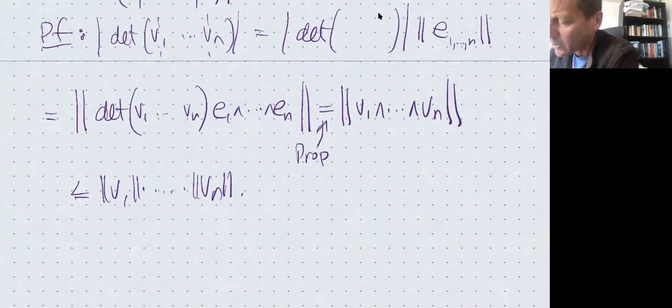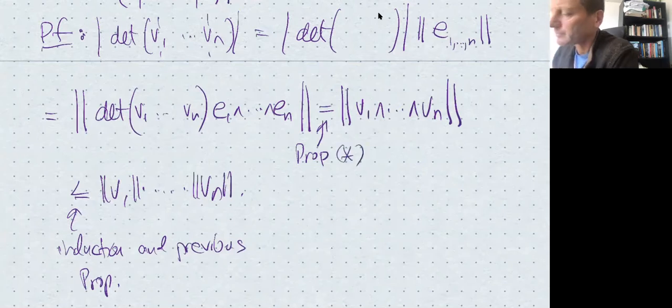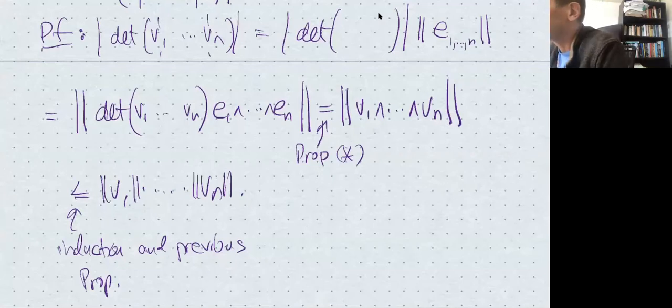So this is induction of the previous proposition. And this fact I'll just call star. Star in the case P equals N has this particularly simple form. This is definitely not the easiest proof of the Hadamard inequality, which is almost trivial, but it gets you used to how you work with these expressions.